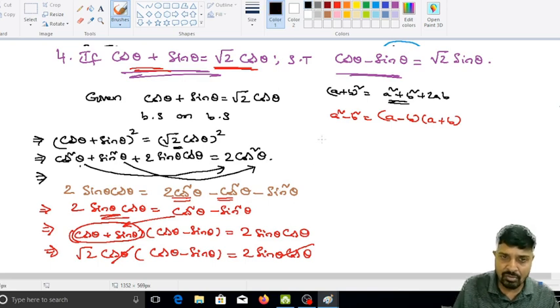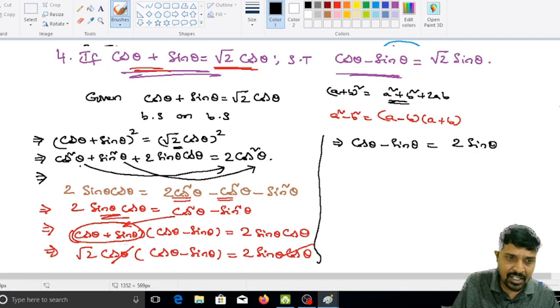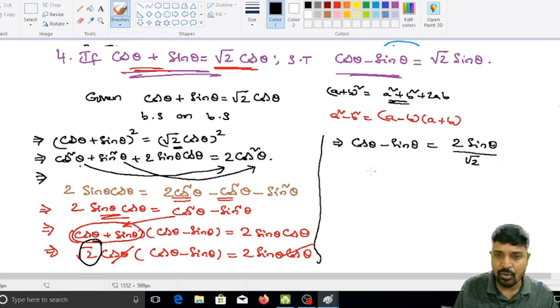Now what we got here? So here I got cos theta minus sin theta is equal to 2 sin theta, and the transposition of this root 2 is going to become by root 2. So this is cos theta minus sin theta is equal to 2 sin theta over root 2.